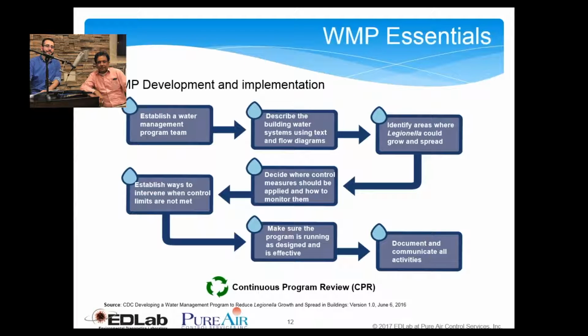Okay, that makes sense. Can you go over a little bit of the water management program, the development and implementation of it? Yes, the very first thing is that it starts from the water entrance, from where the water is getting into the building, so that's the very first point of control.